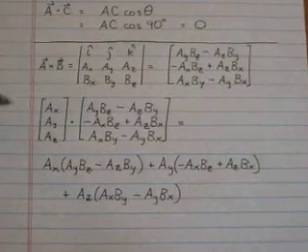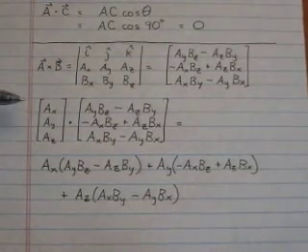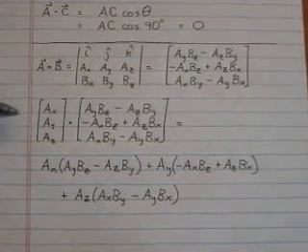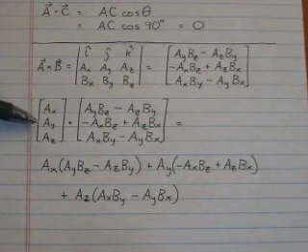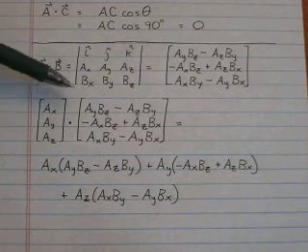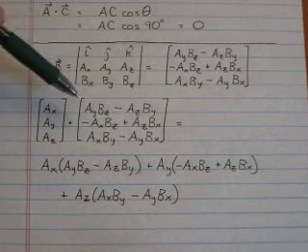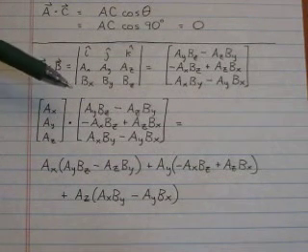I move down here to this line, and then I'm going to do the dot product of A with that vector. So AX, AY, AZ, dot product with that vector. And remember how to do the dot product.